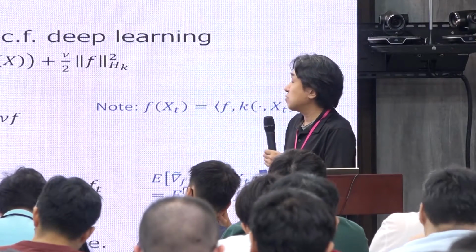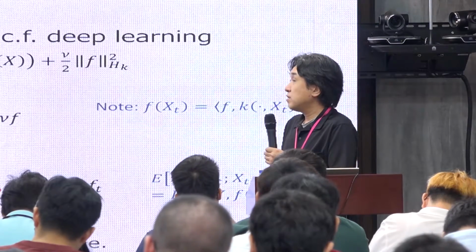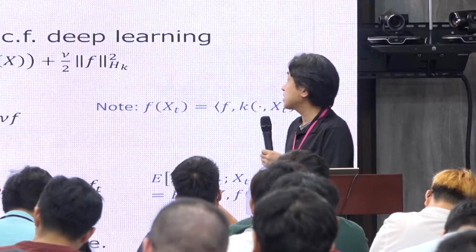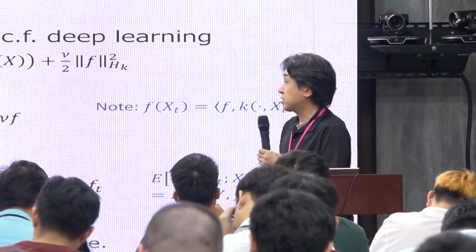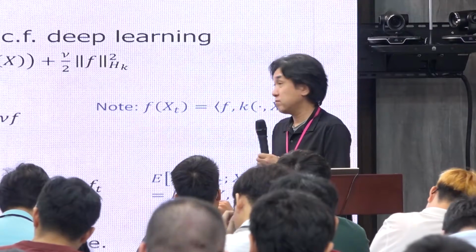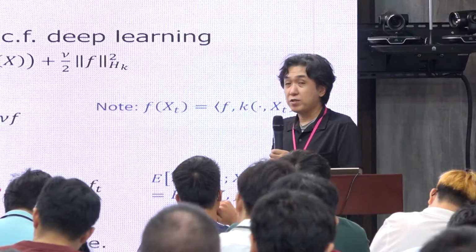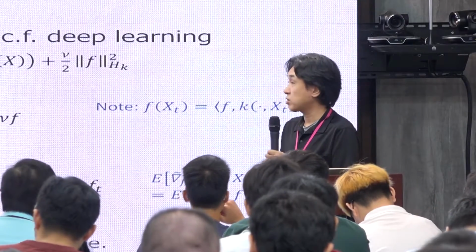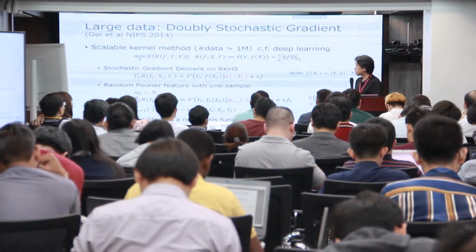And for large data sets, in optimization, what we should do is stochastic gradient descent, as in deep learning. It's not possible to include all the training data at once. So people should consider stochastic gradient descent for very large data sets.